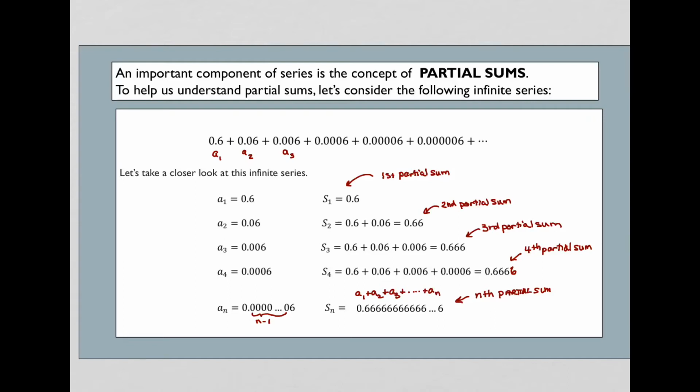Now, if you take a look at these partial sums, you might start to see a pattern. Do you see our partial sums? And in fact, do you see the pattern? Could you tell me where these partial sums are heading?